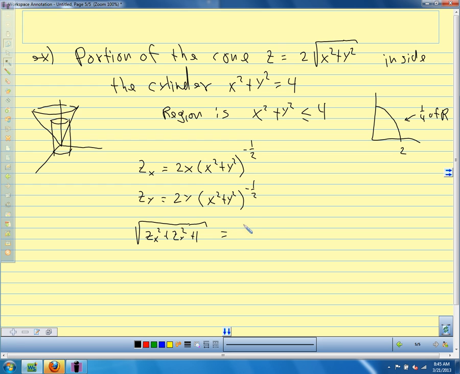So we get the square root of 4x squared over x squared plus y squared, plus 4y squared over x squared plus y squared, and plus 1.